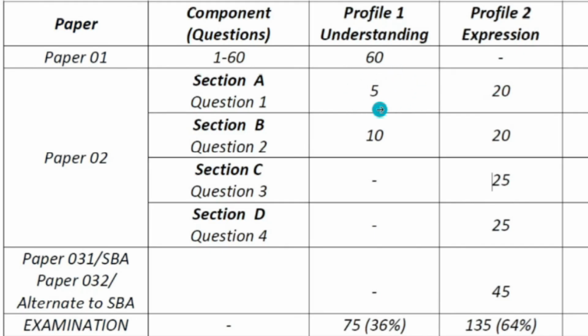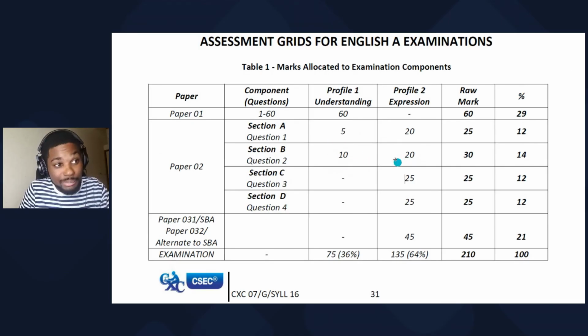Yeah, 5 for understanding, 20 for expression. In section B, you're going to need to show some understanding because you will be given a situation. You'll be given some information that you will need to organize and express. So you first have to understand it before you express it. While in the last 2 sections, it's not about understanding at all. It's all about expression.